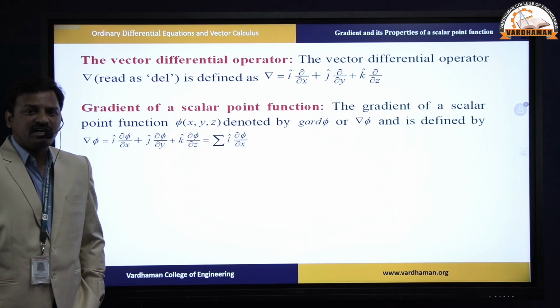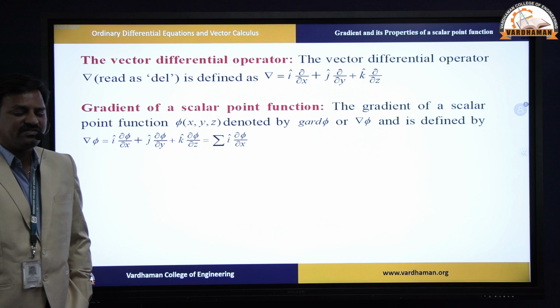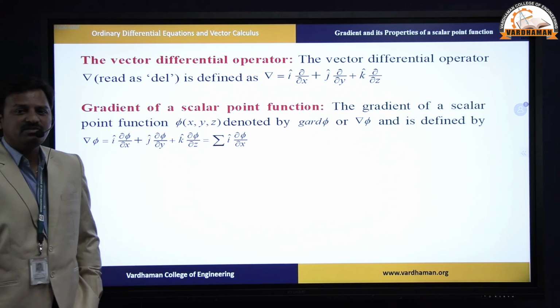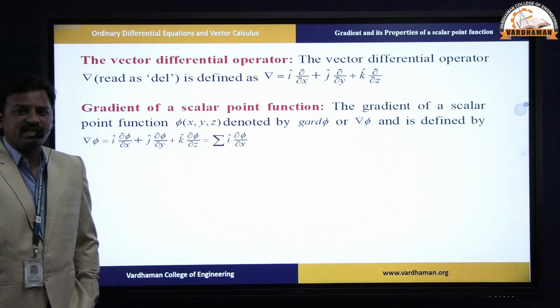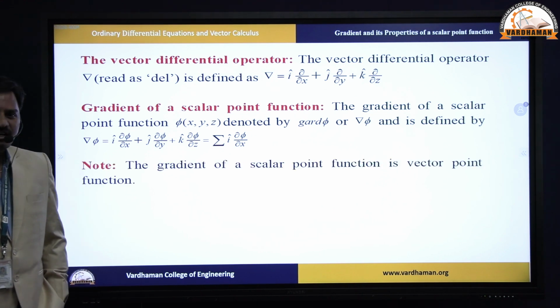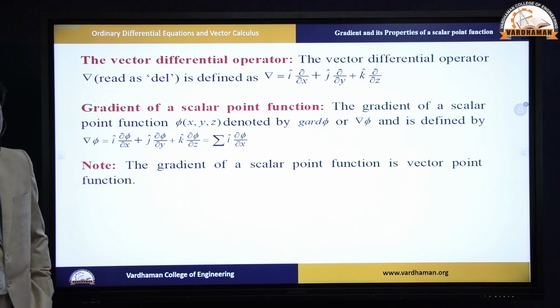The gradient of a scalar point function is denoted by del phi or grad phi and is defined as del phi equal to grad phi equal to i dou phi by dou x plus j dou phi by dou y plus k dou phi by dou z, which equals summation i dou phi by dou x. And note, the gradient of a scalar point function is always a vector point function.